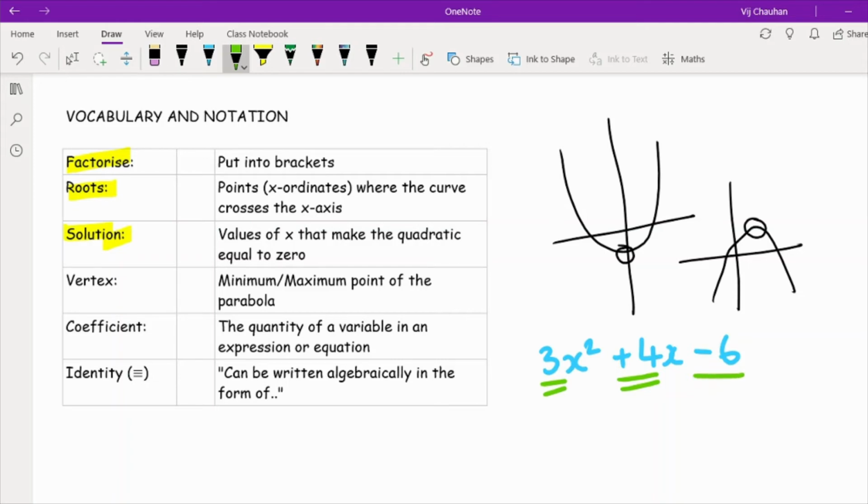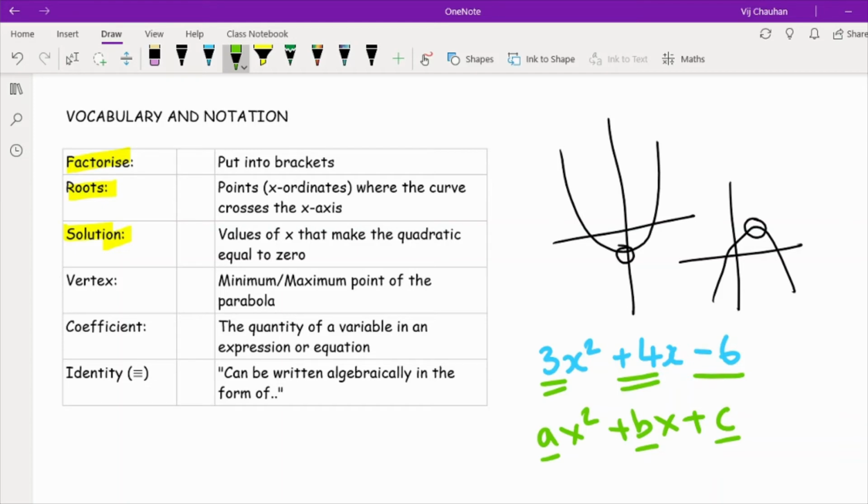So if you relate it to ax squared plus bx plus c, then your coefficient values are a, b and c. And one thing to bear in mind is the sign of a, b and c, to make sure you include it when you are talking about the coefficients.